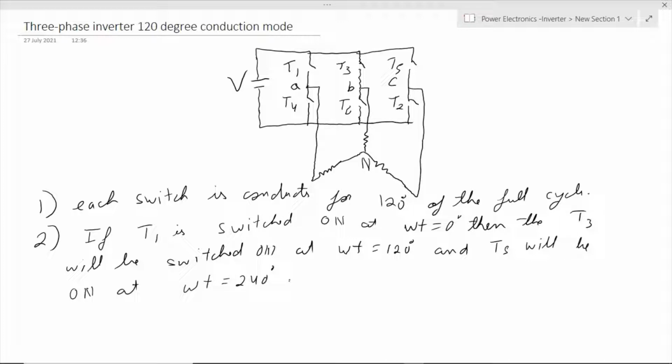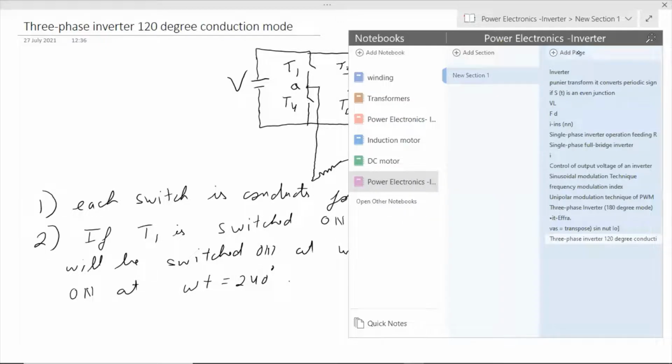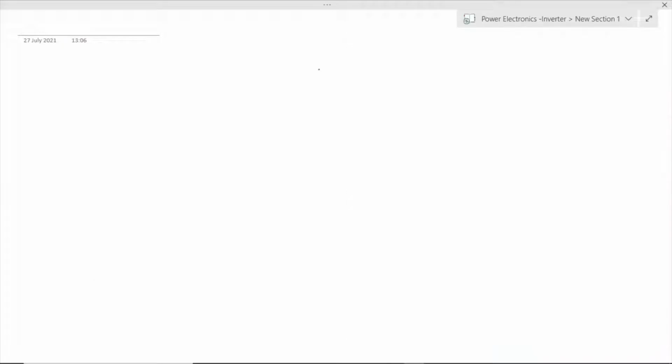The only difference from 180-degree conduction mode is that in 180-degree mode each switch conducts for half of the cycle, and here each switch conducts for one third of the cycle. Let me draw the firing diagram. Let us draw the first one for T1.